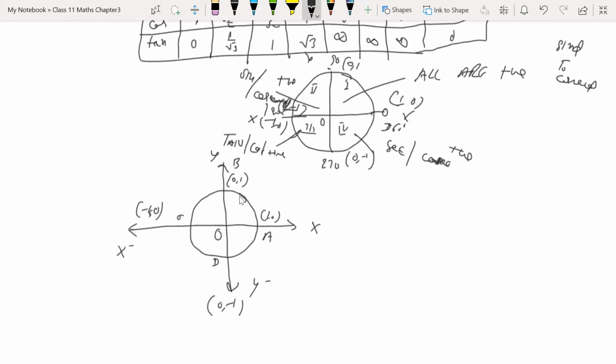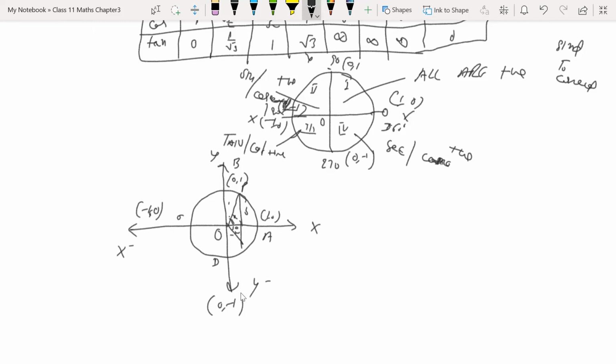We draw a perpendicular. This is the point P. Here A, B. This is B, this one is A. This angle is X because it is going from A. But if we draw it the other way, this would be the negative angle, the minus X angle.